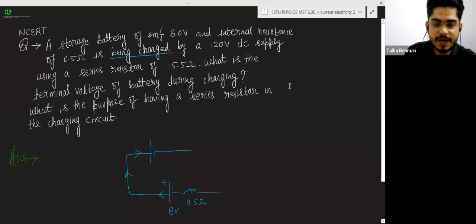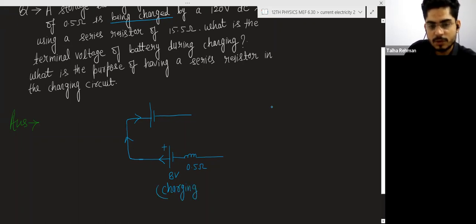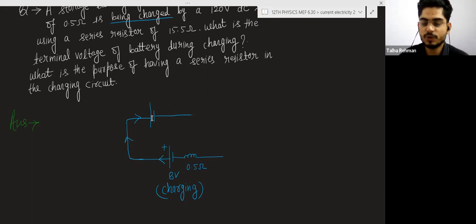Suppose this is the battery of your mobile phone and this is a power bank. When you charge your phone with a power bank, your phone's battery is charging, but at the same time the battery of the power bank is discharging.